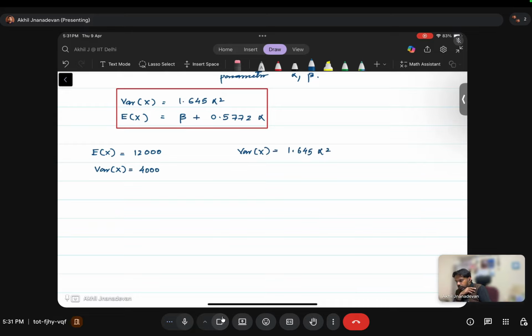So alpha is equal to the square root of 4,000 square divided by 1.645. That will be coming around 3118.7.